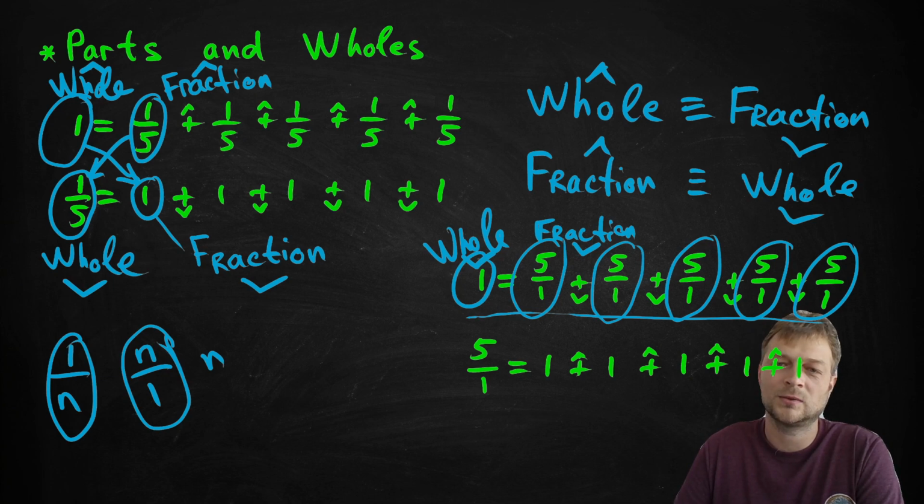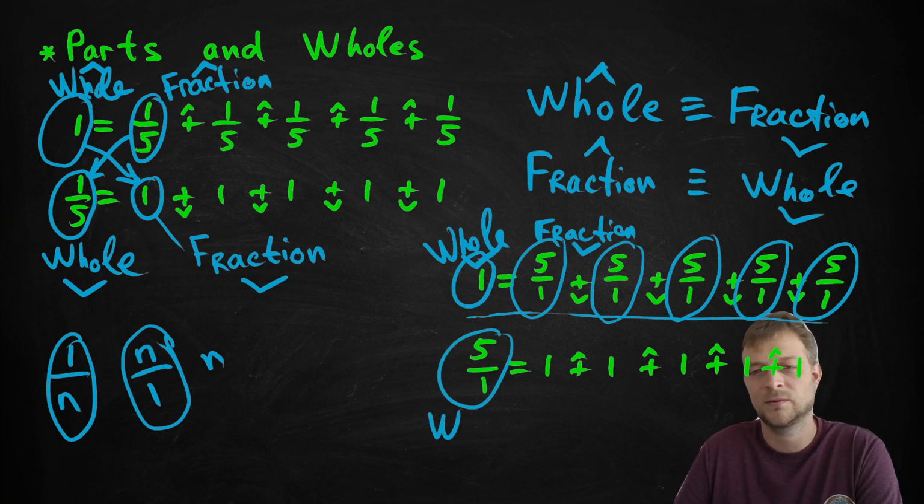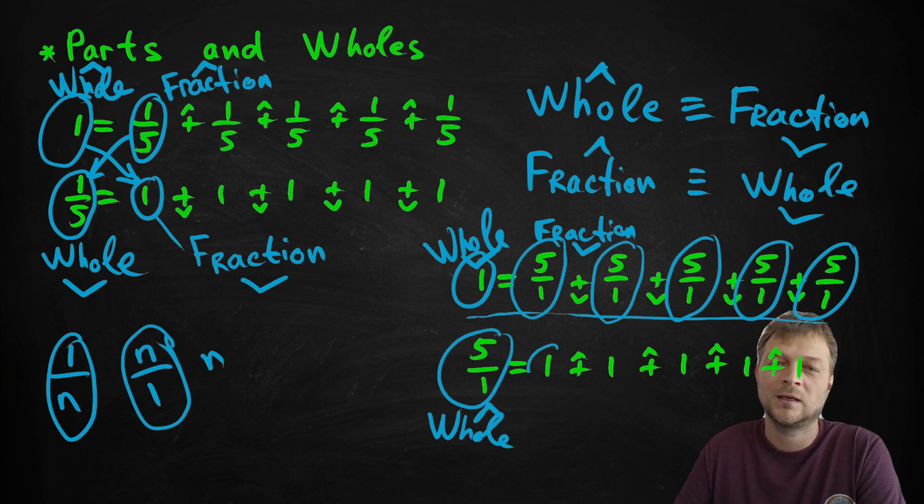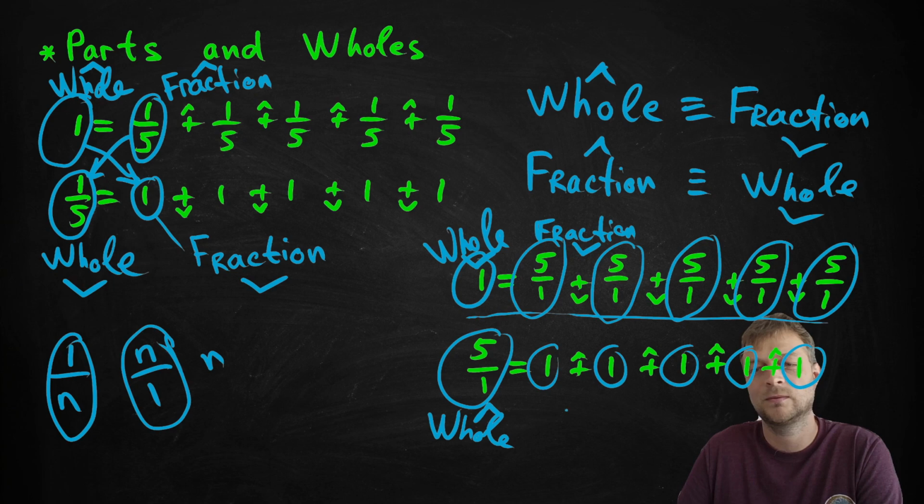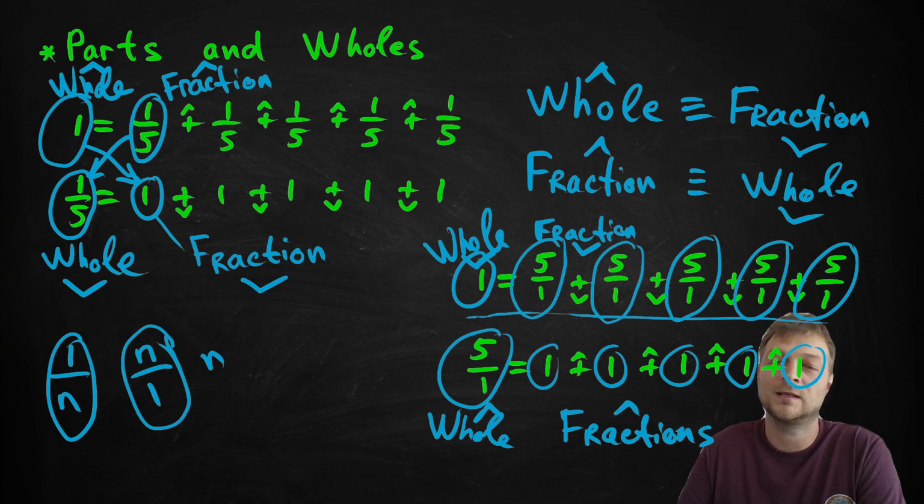And on the bottom we should read it as 5 as a whole in a normal sense equal to a number of fractions in a normal sense, but these fractions are actually duals of wholes, so the logic here is the same as in the previous two equations.